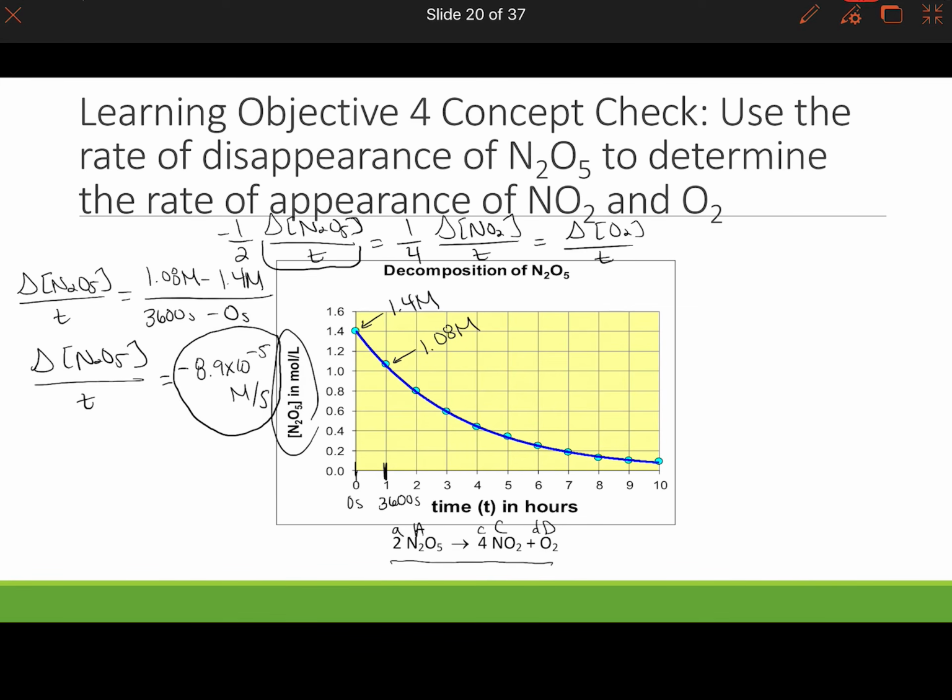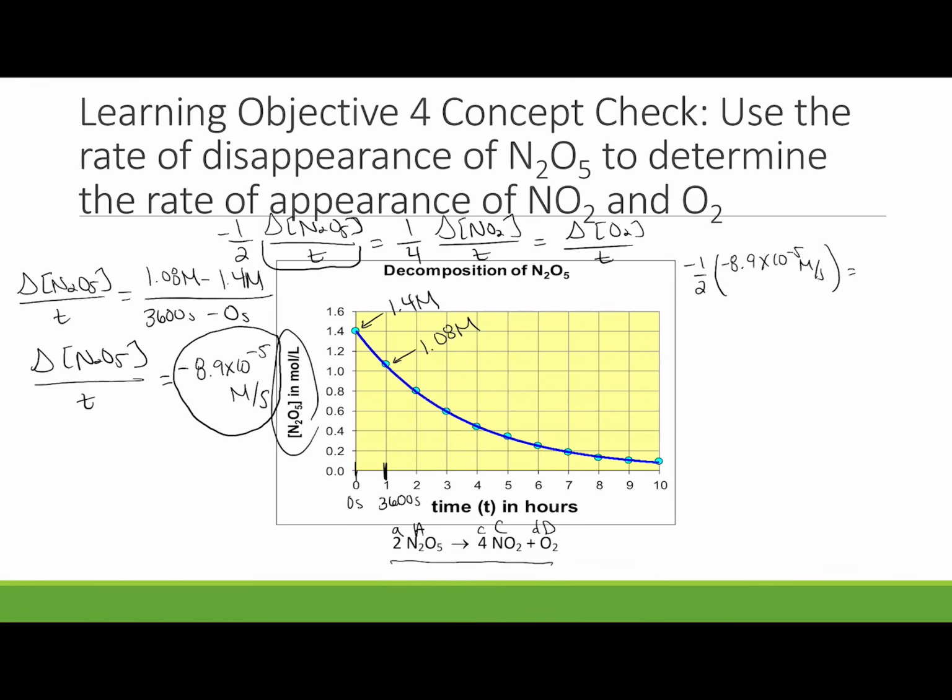So we could say, okay, negative 1/2 change in N2O5 concentration over time is related to NO2, so 1/4 change in NO2 over time, and we're going to solve for the change in NO2 over time by basically dividing by 2, multiplying by 4.